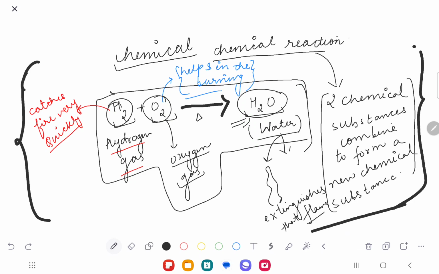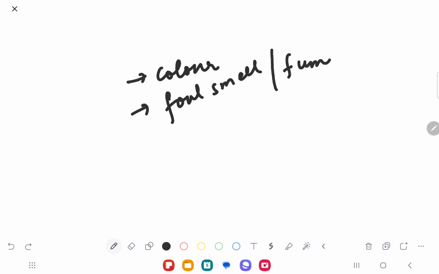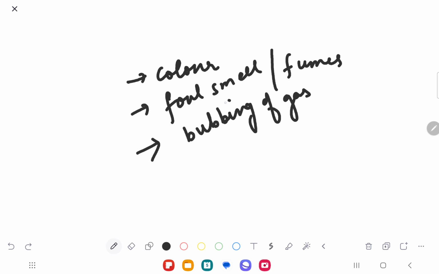Okay. And how do I get to know in a laboratory that a reaction has been done? Either I can see a change in the color, or I can see a foul smell, or some fumes coming out of the beaker, or I can see bubbling of the gas into another beaker. Then I can see precipitate formation.